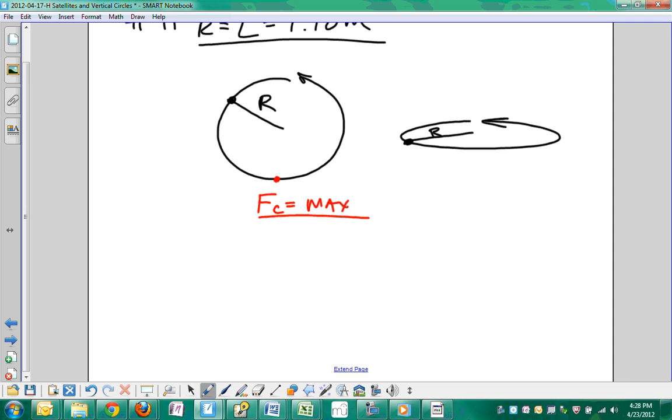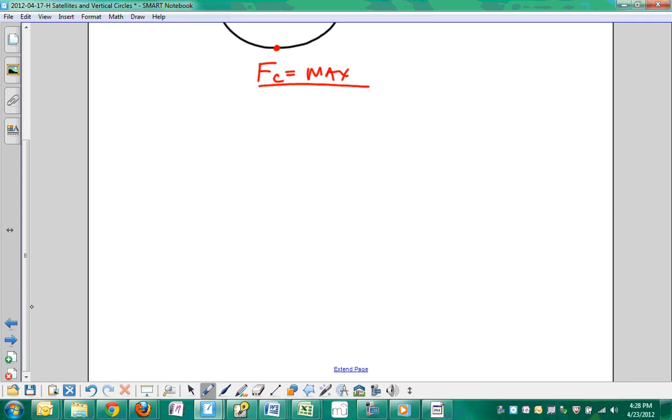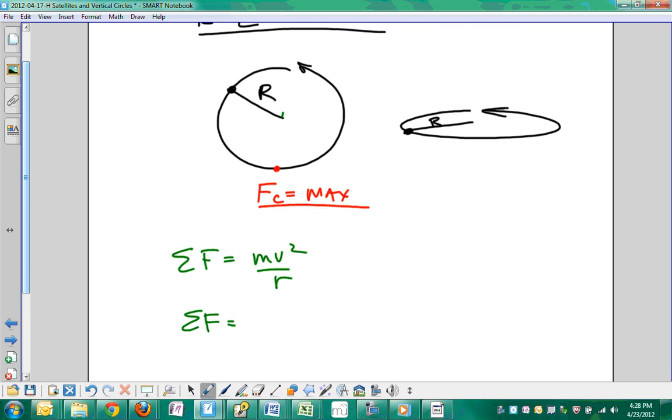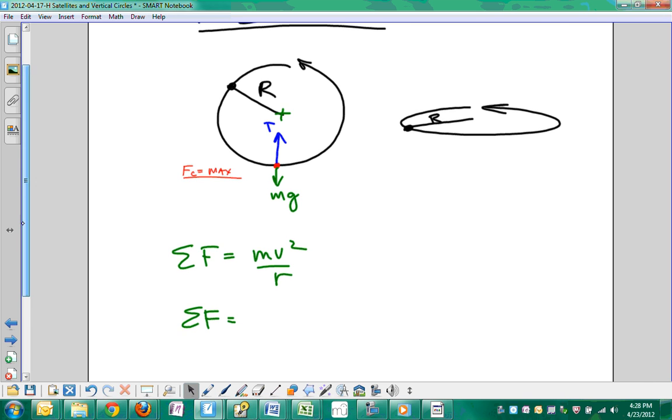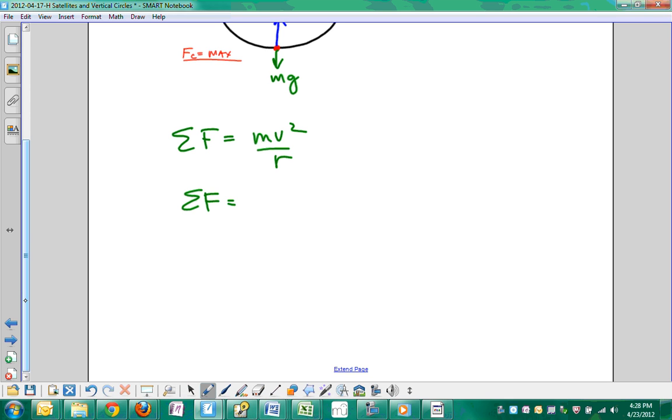We've discovered before that this maximum centripetal force, I'll run through it here, we know that net force is equal to mv squared over r, and we know that net force is equal to, taking the center of the circle to be the positive direction, which in this case is upward, tension in the string acting this way, and mg acting downward.